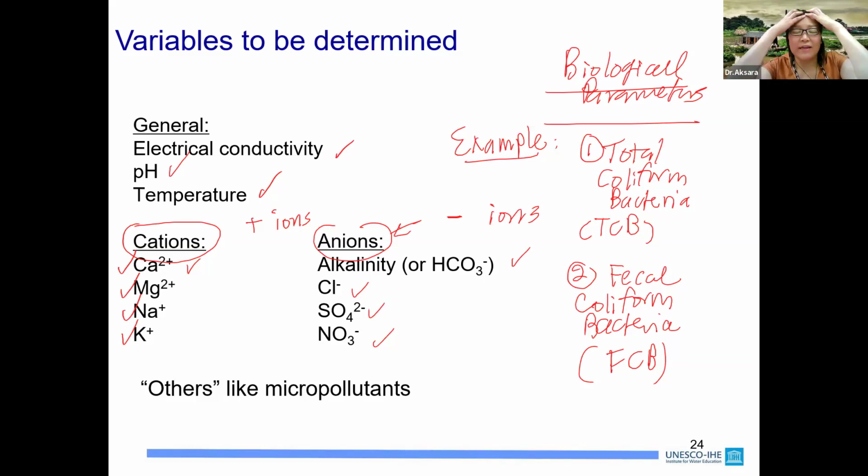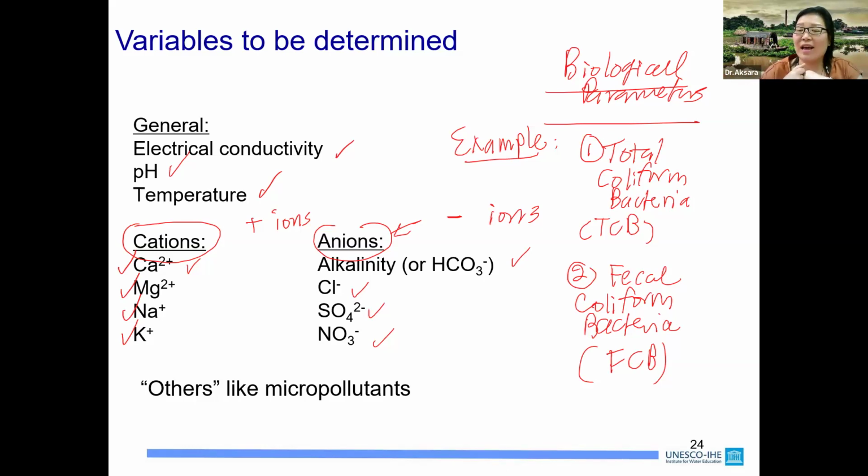And at the time that we tried to come up with the parameters that we need to analyze, they always didn't have those biological parameters included in the work. And then I tried to add the biological parameters. And at the time that we were arguing whether we should include the biological parameters or not, the reason that they gave me is that we never take samples and analyze for biological parameters before.